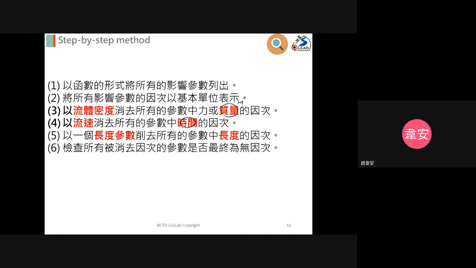And finally, we check if the final parameter is a dimensionless parameter.